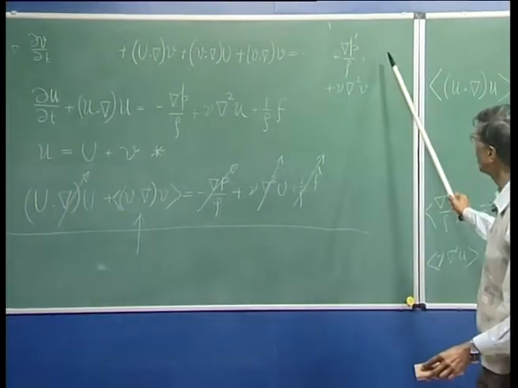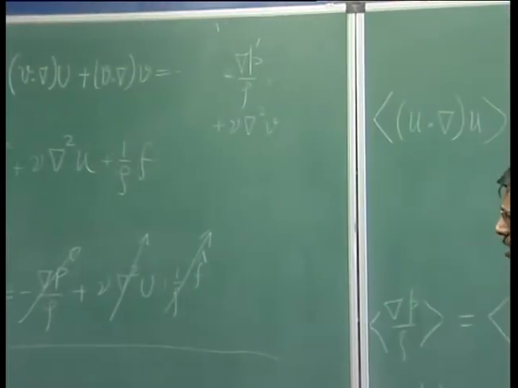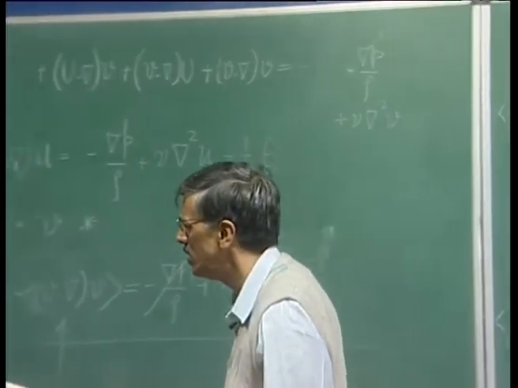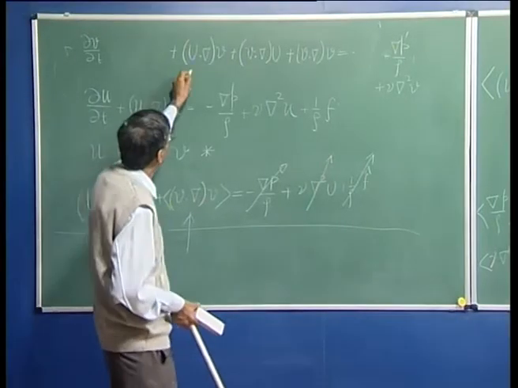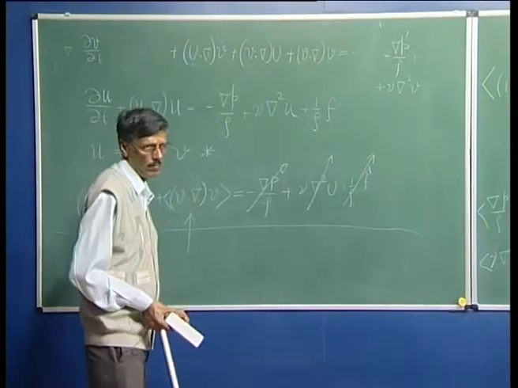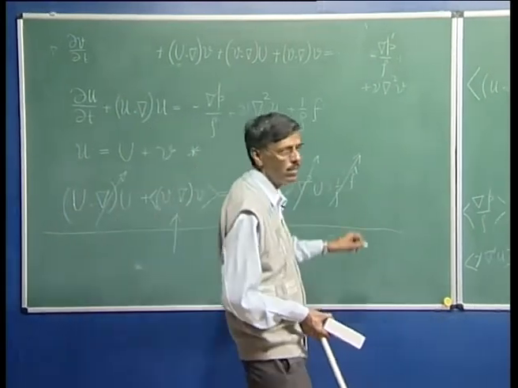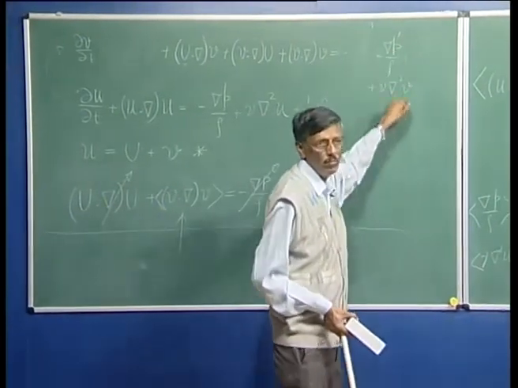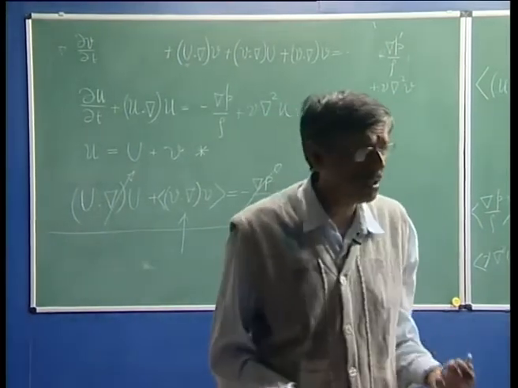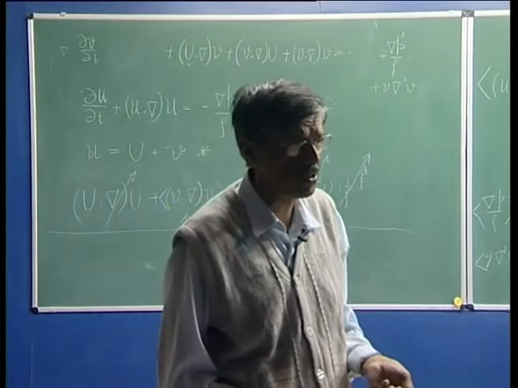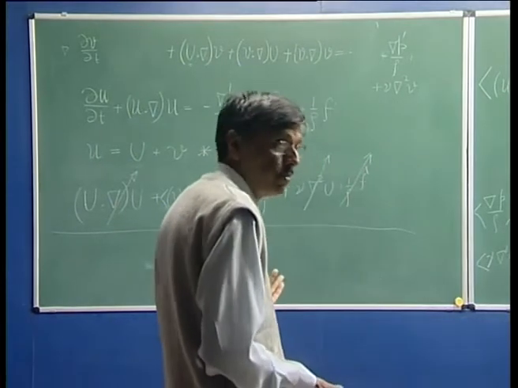So, this is your governing equation for the fluctuation. The dynamical equation of the fluctuation is driven by what? The mean flow, okay, and also by pressure. Because of the way we assumed, we proposed the body force not to have a fluctuating component. So, body force does not come into the picture at all.